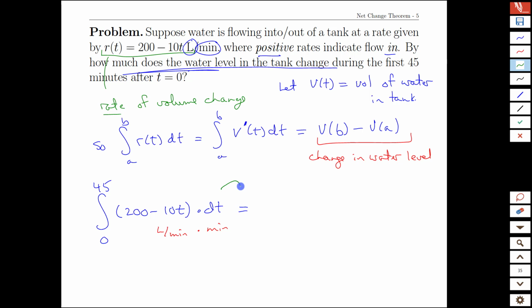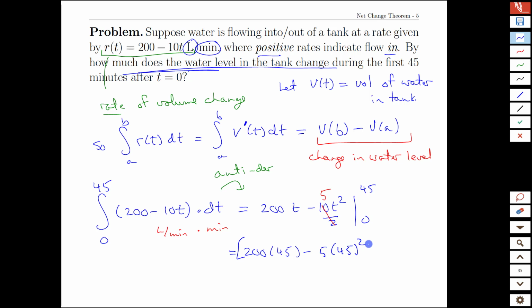Now we can actually do the calculations, where we do the antiderivative. We're going to get 200t minus 10t squared over 2, evaluated between 45 and 0. And just a quick side calculation, 10 over 2 is 5. Subbing in our values, we have 200 times 45 minus 5 times 45 squared.